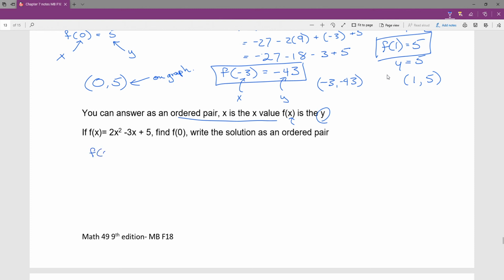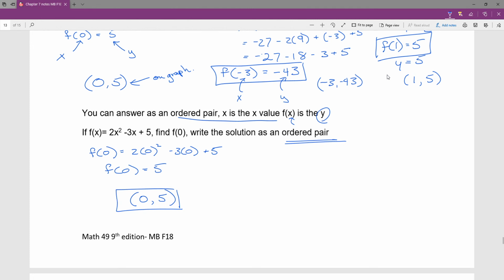So f of 0 with this one ends up being 5. And again, writing it as an ordered pair is really what we've already done, but we'd have an ordered pair of (0, 5).